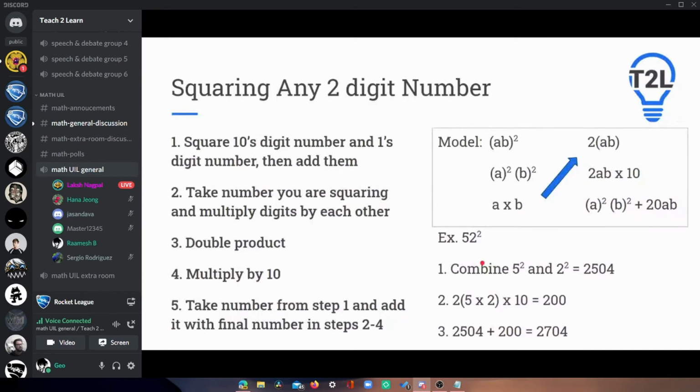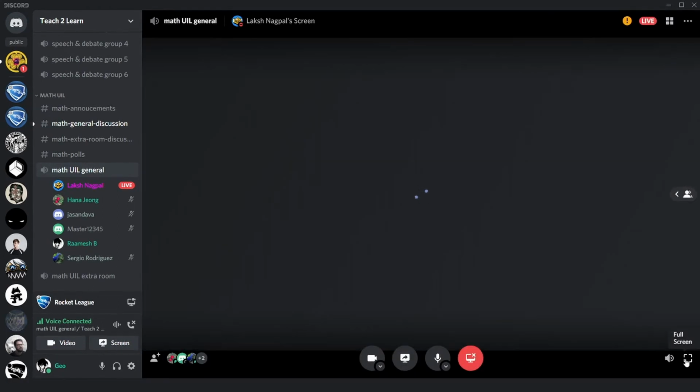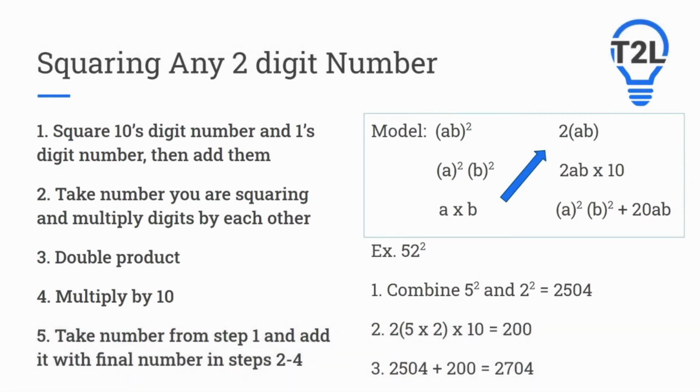I'll put it in the chat. Just for reference, the caret symbol next to the 53 is just for squaring.